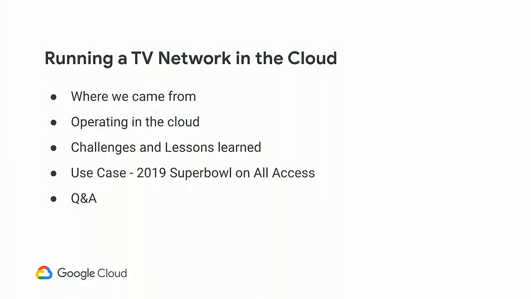So before we get into it, what I want to do is just talk about at a high level what we're going to discuss. We're going to start off with where we came from, and this includes the TV industry itself, what it's like for us as a business operating in the cloud, some of the challenges and lessons that we faced from that transition.